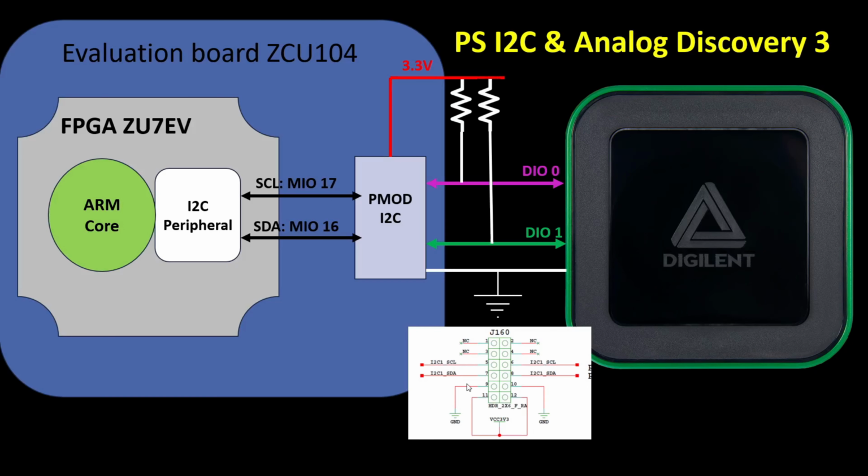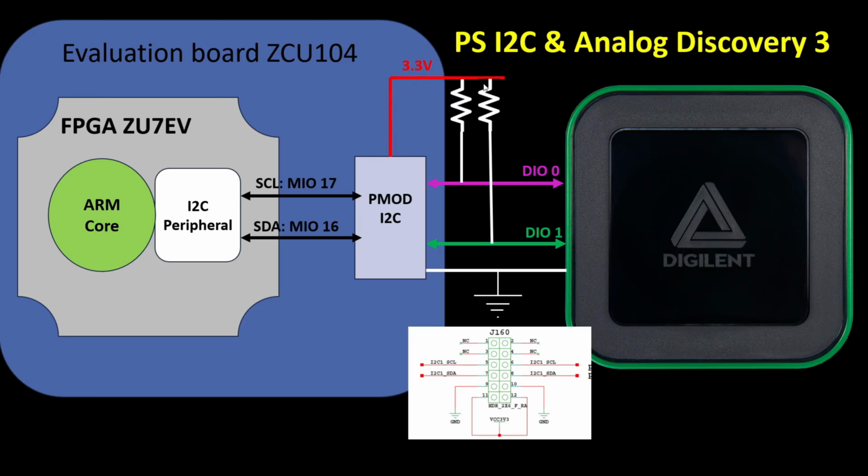As you can see in this figure from the user manual, serial clock and serial data are connected to the PMOD I2C. But also the ground and power supply are provided to that PMOD I2C. So you can share that ground to the Analog Discovery, or if you have any sensor here as the I2C node, you can also connect your pull-up resistor directly to the provided power supply from that PMOD I2C.